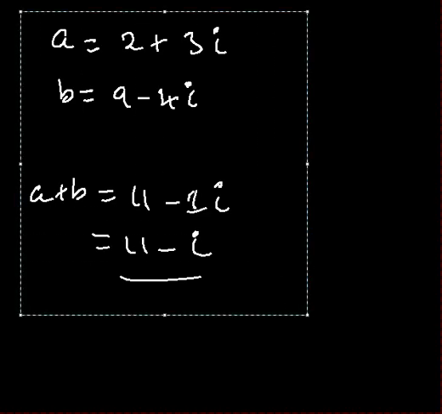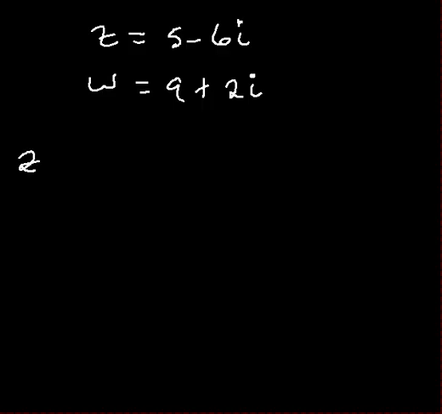And how about if we have a case like this? Let's say we have a complex number z, which is given as 5 minus 6i, and we have w, which is given as 9 plus 2i. So how should you find z minus w? The principle is the same.